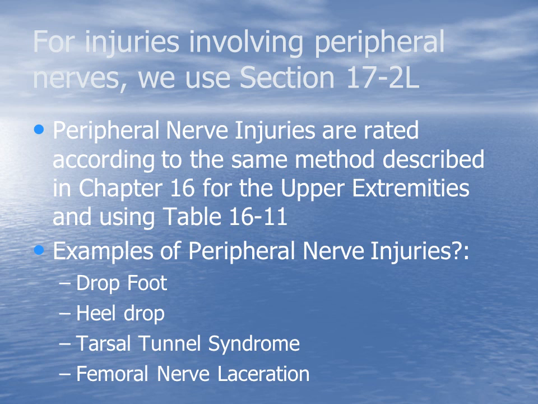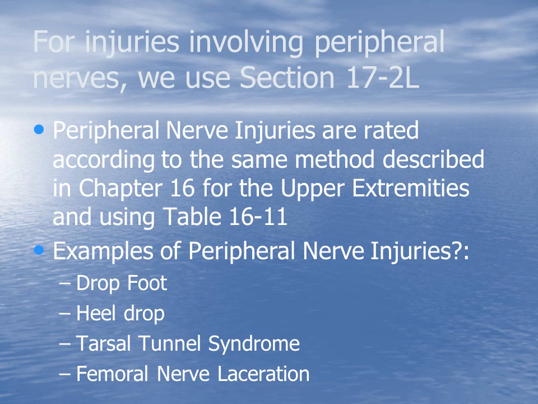So what would be just a couple of kinds of lesions to peripheral nerves that we could see in the lower extremity? Well, we could have a femoral nerve laceration, for example, in the case of an impaling wound, such as a stab wound, such as a contusion to the pelvis area.